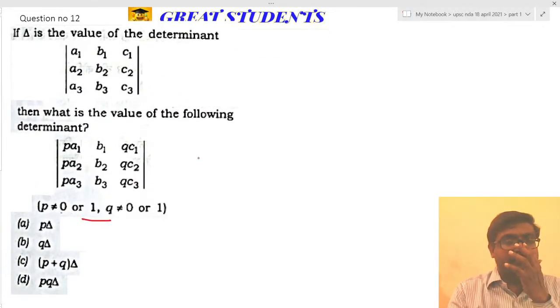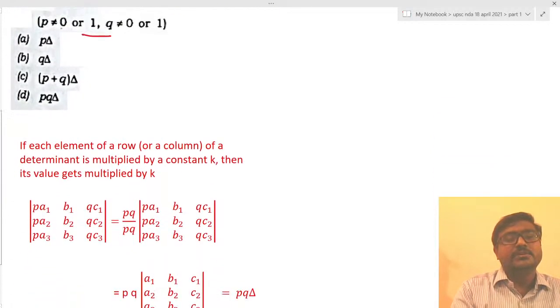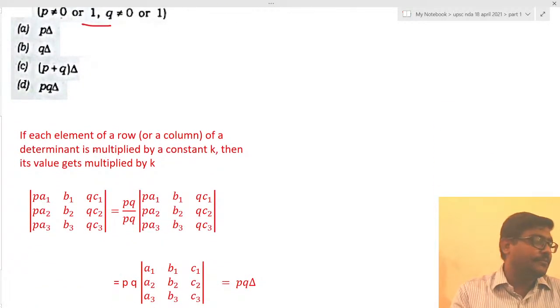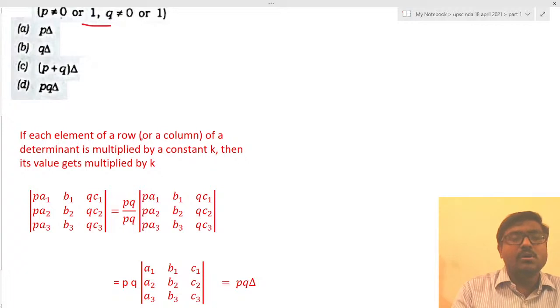Okay, now we have to find the value of this. This value equal to del is given. So in terms of del, we have to present. You look at the options, it is given P delta, Q delta. To use this, I have one property of a determinant. It says if each element of a row of a determinant is multiplied by a constant, whether row or column, here it is done in the row.